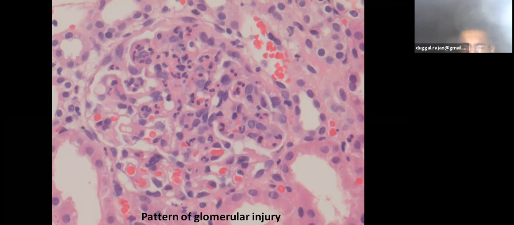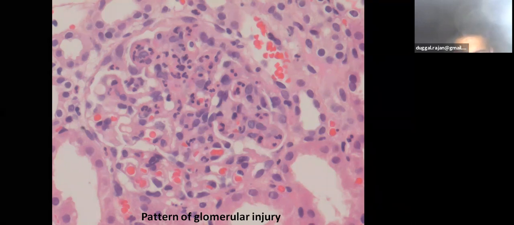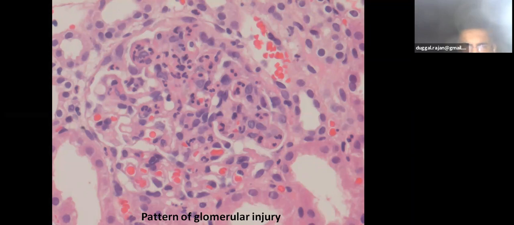Some renal pathologists still prefer the terminology of post-infectious glomerulonephritis, but some say that it is not post-infection, since sometimes during active infection also you can find this kind of morphology. So they say it is better to label them as infection-related glomerulonephritis rather than post-infectious glomerulonephritis.